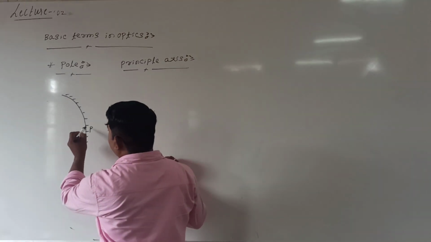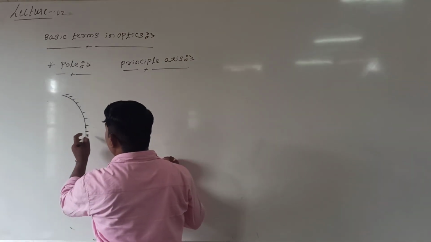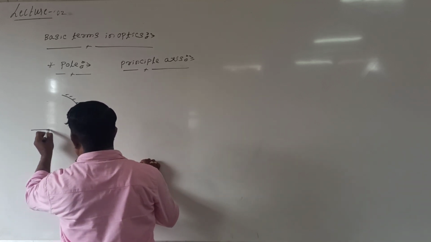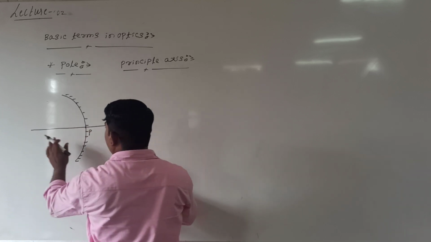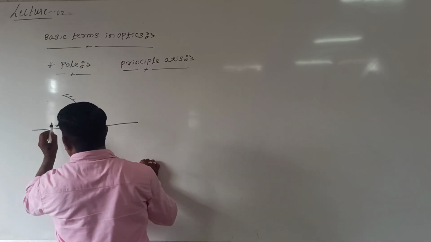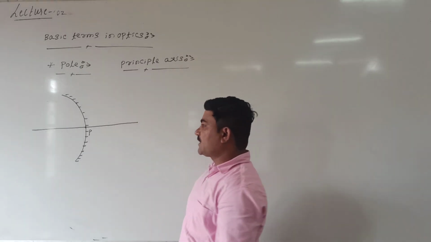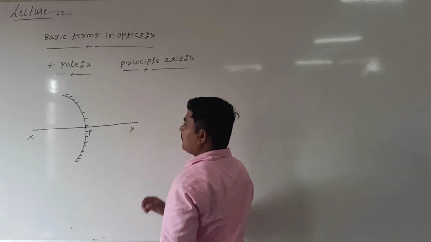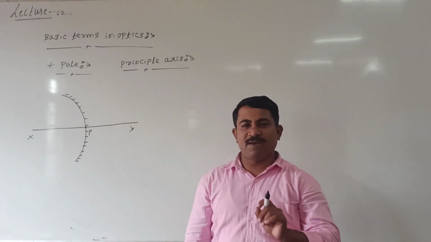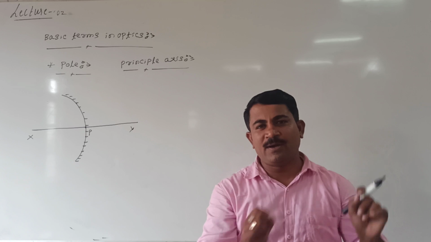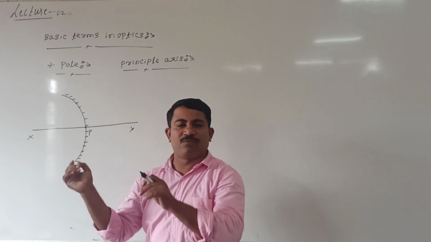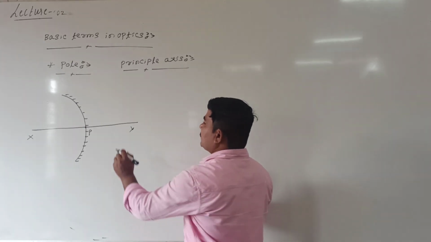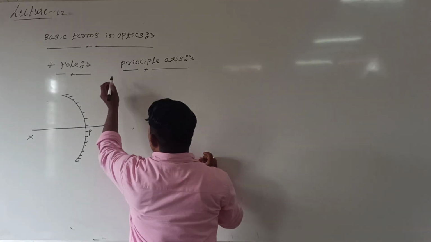The center part of the mirror we call pole, and this pole can be represented by the letter P. The straight line passing through the pole I can call the principal axis, and it can be represented by XY. XY is nothing but the principal axis. The straight line passing through the pole on either side of the mirror, that we call the principal axis. After principal axis, we need to study one more term.